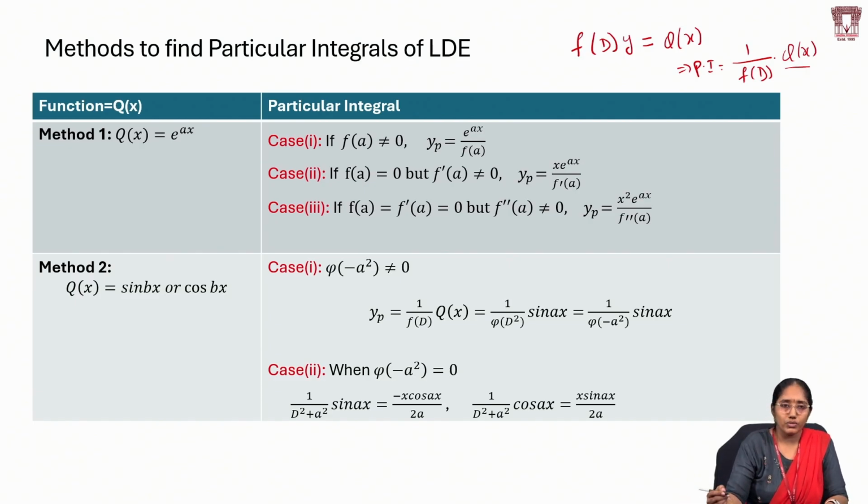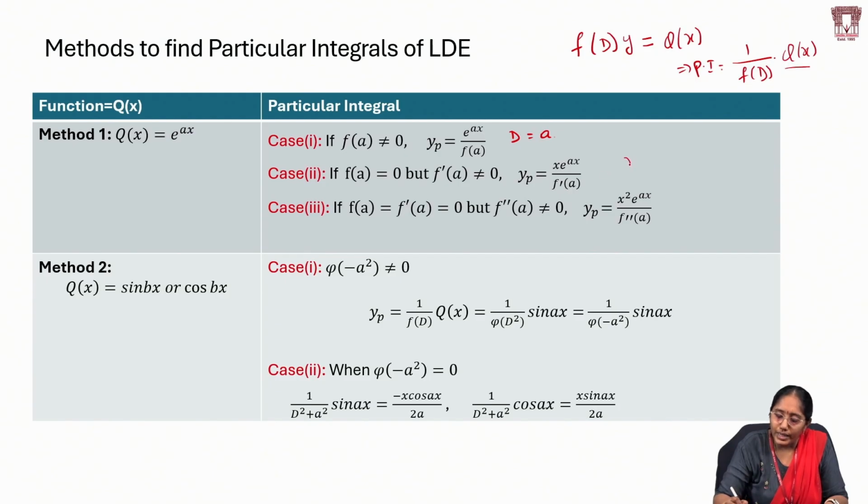Now we will discuss one after the other. If Q of x is e power ax, and if f of a is not equal to 0, just simply replace D by a in the denominator: 1 by f of a into e power ax. If f of a is 0, then we use the formula x by f dash of a.